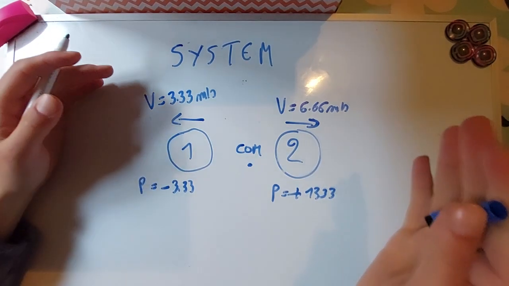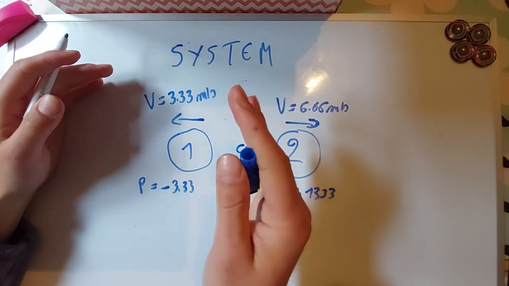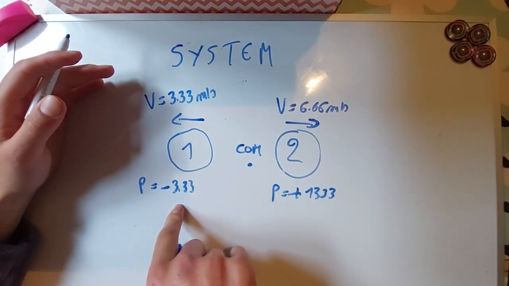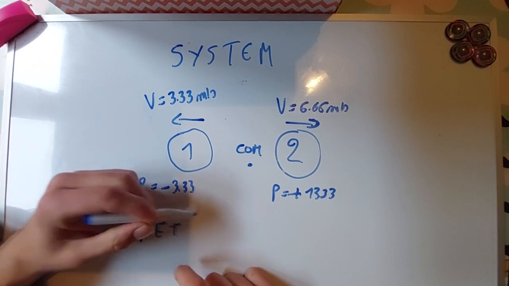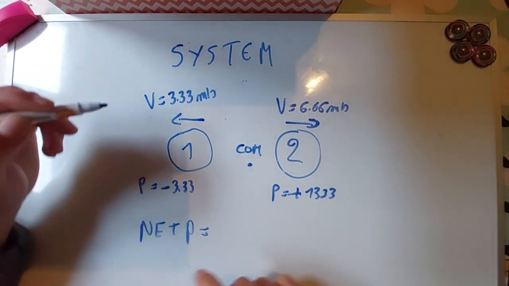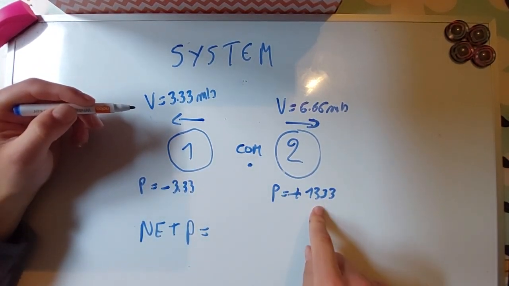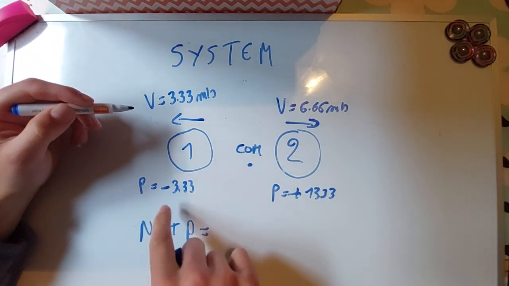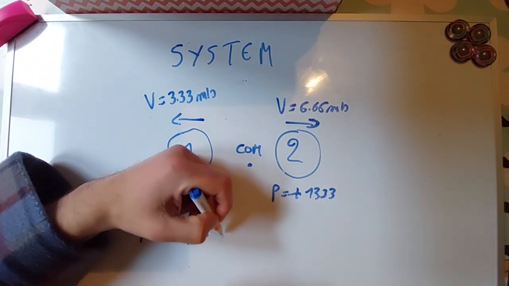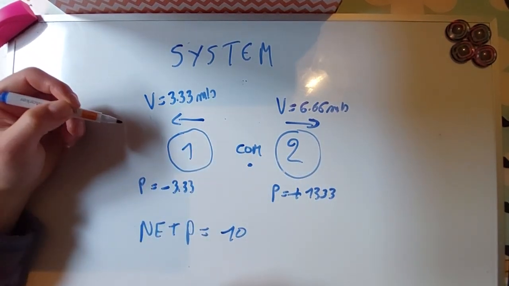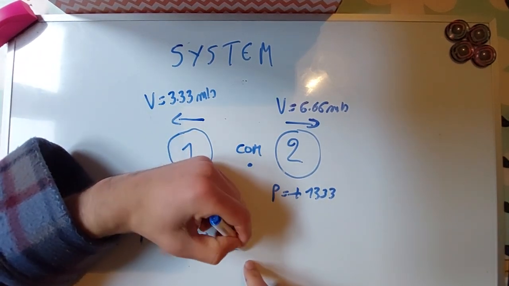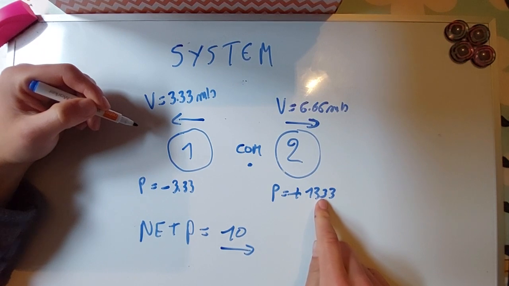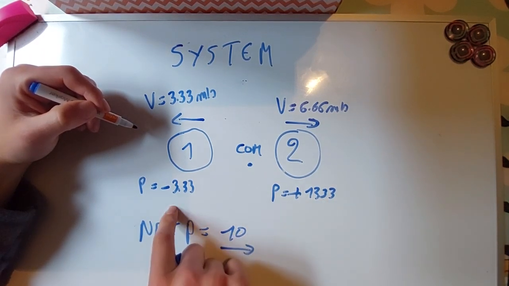But at the same time, it is being pulled back with a quantity of motion of 3.33, which results in a net momentum of 13.33 minus 3.33, which equals 10. Okay? Now, in what direction? Well, to the east, since the momentum going to the east is bigger than the momentum going to the west.